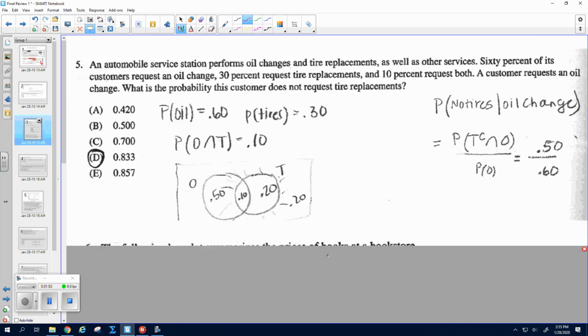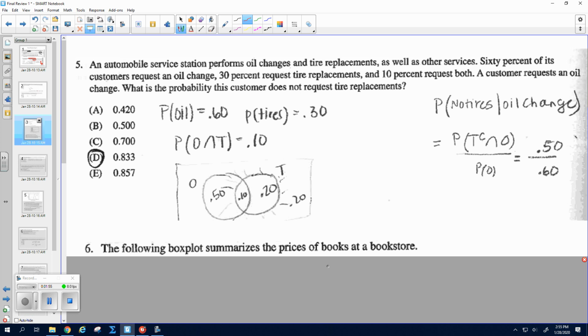All right, number 5, if you're thinking tree diagram, don't do it, because it's not saying if they request tires, then what's the probability of an oil change or something like that. Remember, tree diagrams are conditional, and these are not telling us conditional probabilities. We just know the probability that they get an oil change is 60%, the probability they buy tires is 30%, and the probability of both of those happening is 10%.